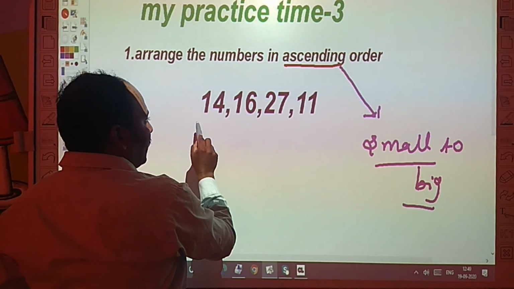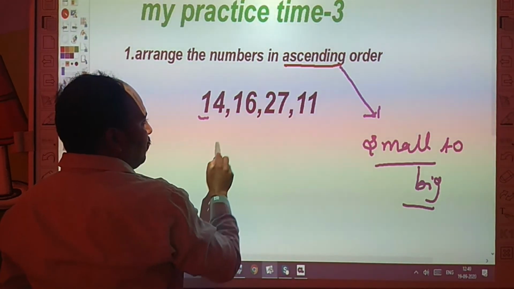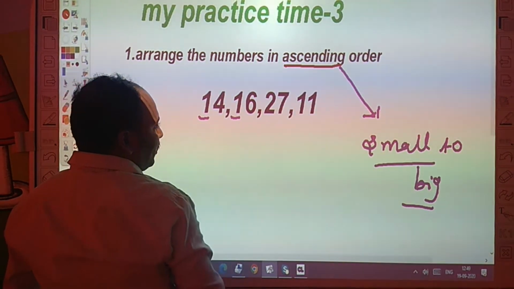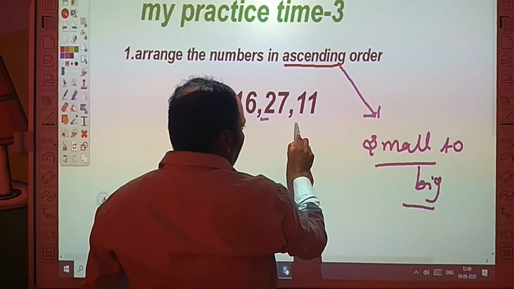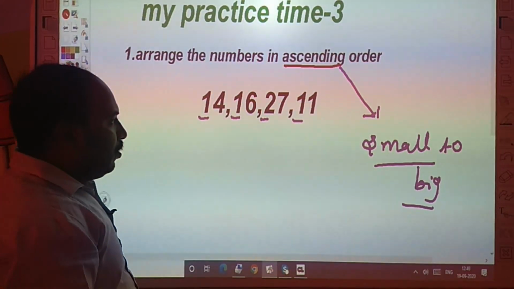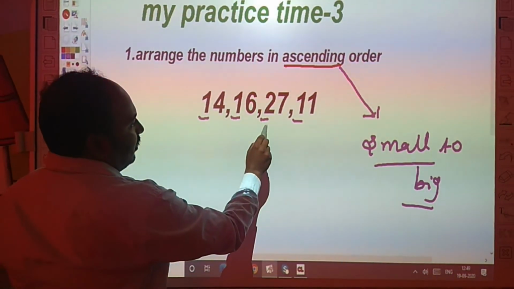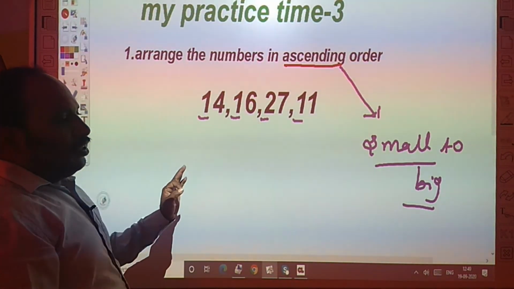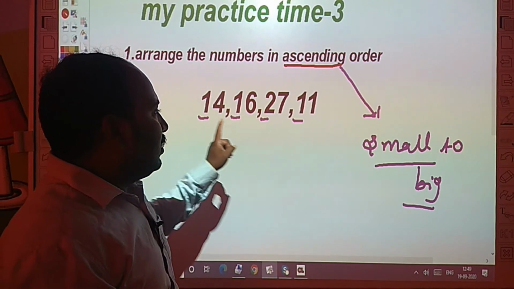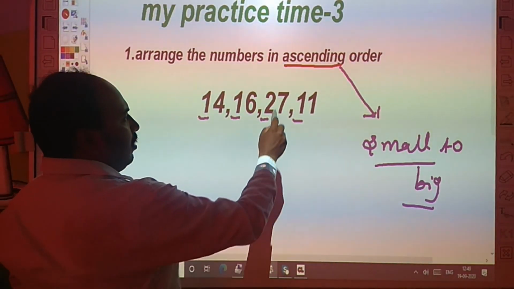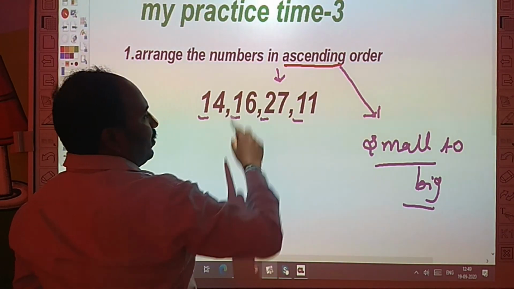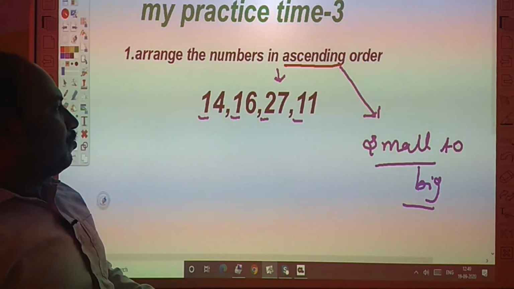Tens place 1, 1, 2, 1. The first, second and third numbers have tens place 1, 1, 1, but 27 is largest of all.